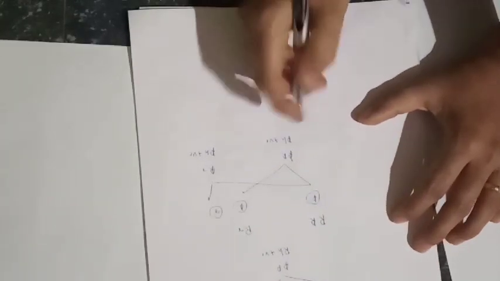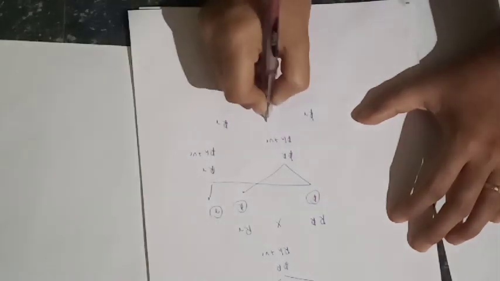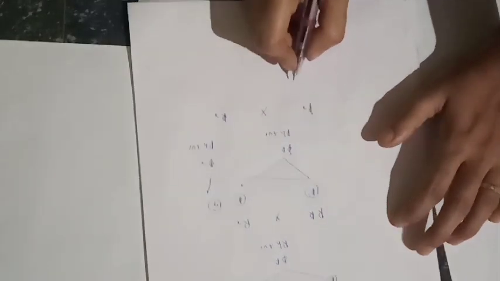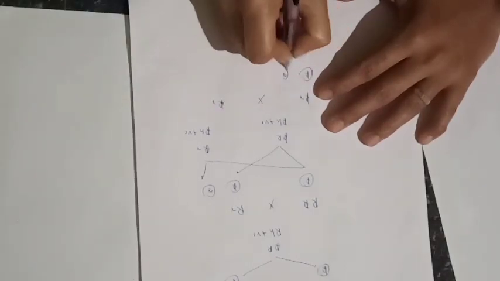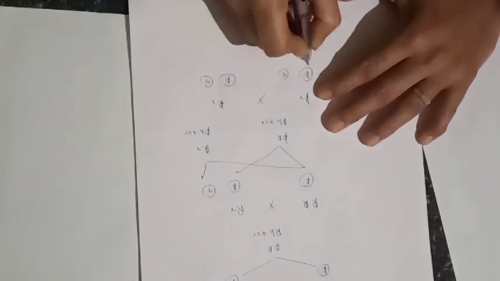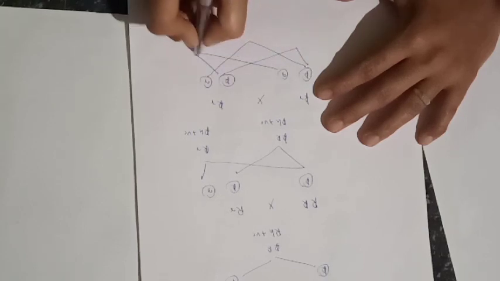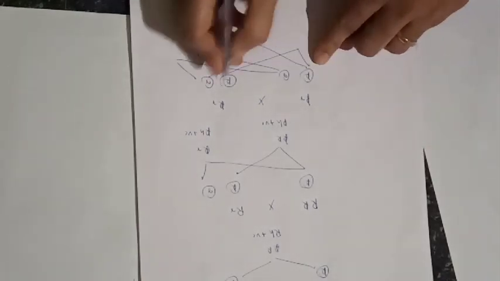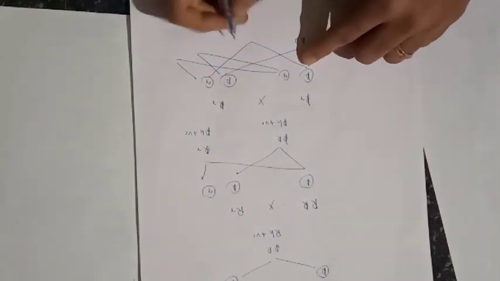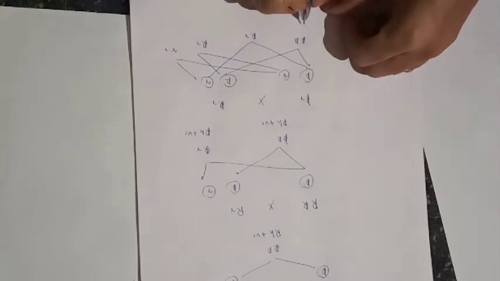Next, another condition: both are in heterozygous condition. These are the gametes. Then the offspring are capital R capital R, capital R small r, capital R small r, small r small r.